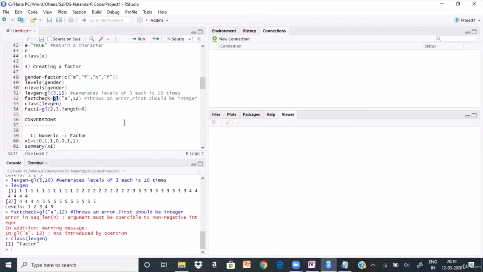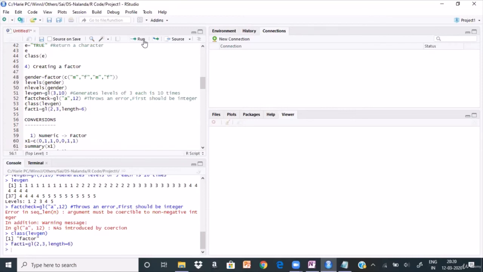Now the question comes. I don't want the system to take 1, 2, 3 and generate the levels. Rather, I would like to define my own. Still, you can do this. So I'm defining a variable fact1 of type factor because I'm using the GL function. And now I want to pass parameters and control my levels.